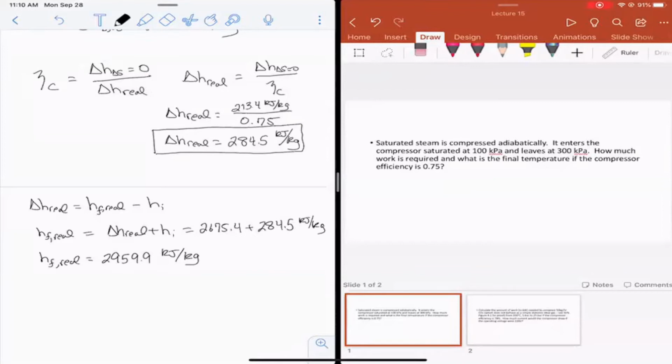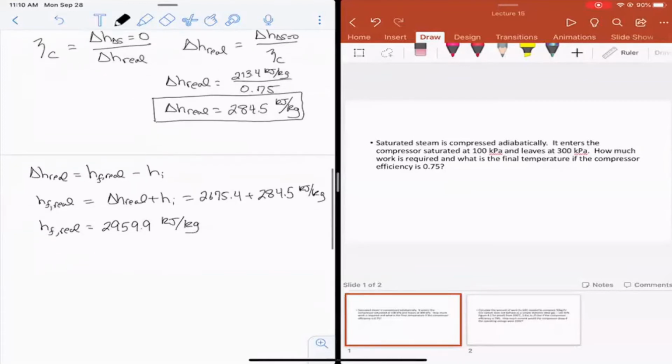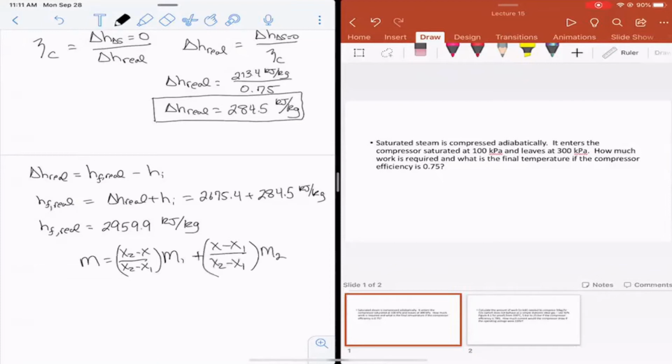And you're right. So now we're going to work backwards in the sense that we're going to use the enthalpy to find the temperature, right? And that equation, again, was that M is equal to (x2 minus x) over (x2 minus x1) times M1 plus (x minus x1) over (x2 minus x1) times M2.